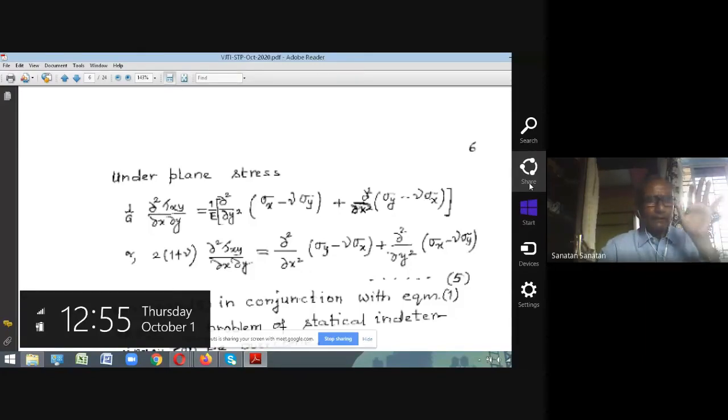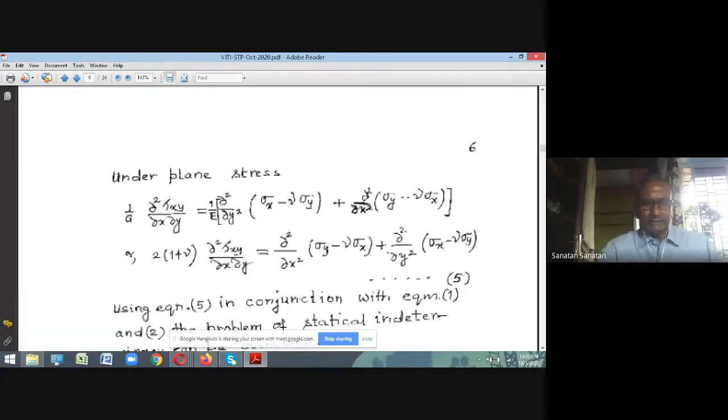Second, an equilibrium equation involving tau xy and sigma y. So therefore, we had two equilibrium equations plus one extra condition, which we get from compatibility, which is shown here. It is equation number 5, the last equation. So we have two equilibrium equations plus some constraint on the deformation, another equation involving the three stresses sigma x, sigma y, tau xy.